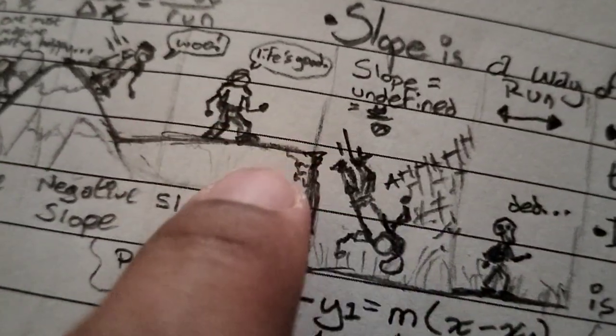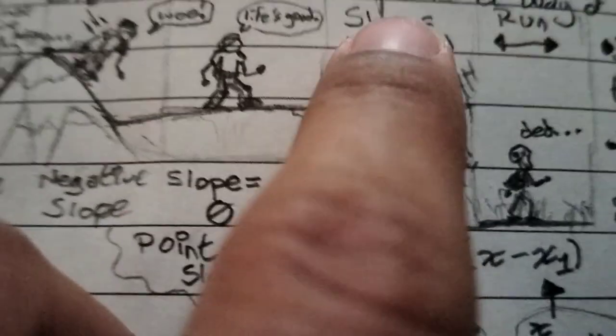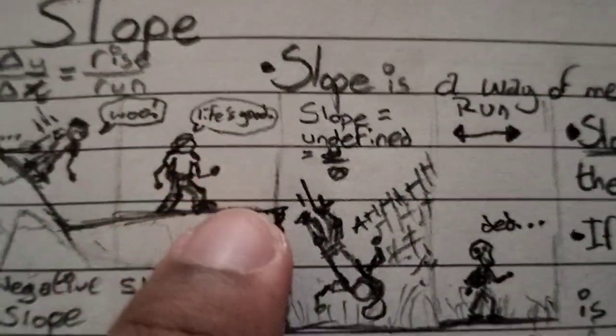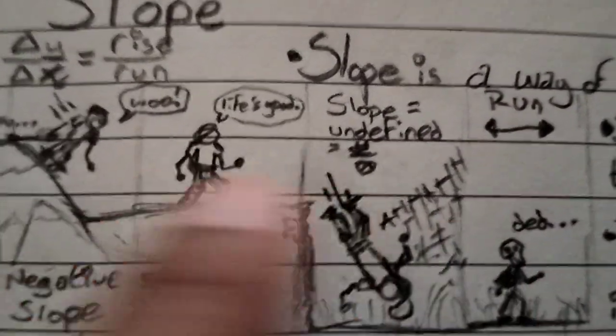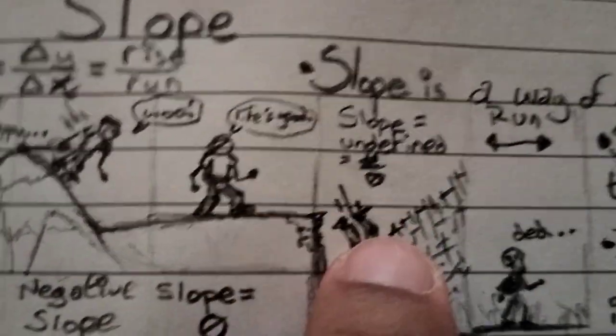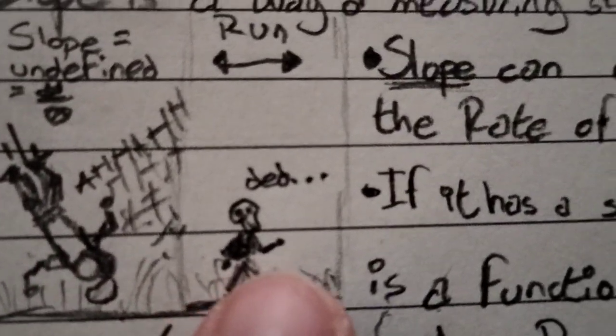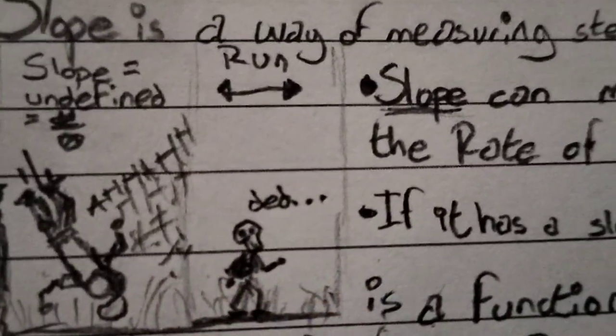Now if he has a slope which is undefined, which goes straight up and straight down, the opposite of this one that goes straight left and right, he might fall. Then he will run, go from left to right.